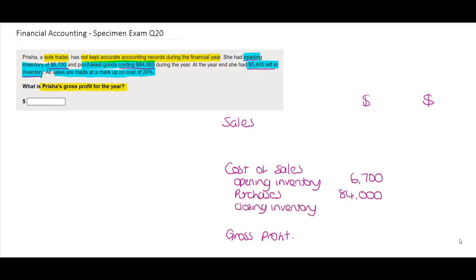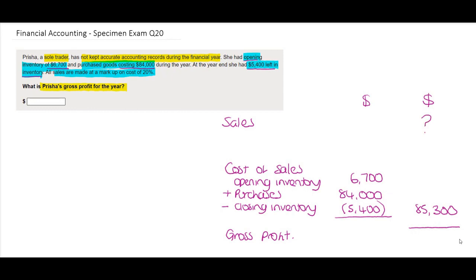To calculate cost of sales, we take opening inventory plus purchases and then deduct closing inventory. Our cost of sales figure therefore equals $85,300.